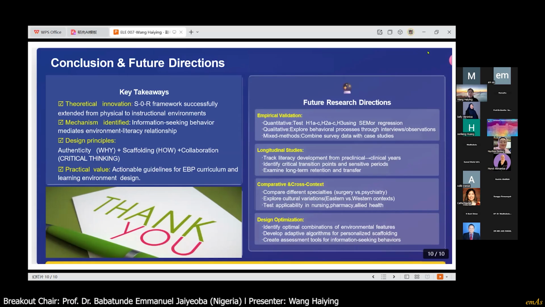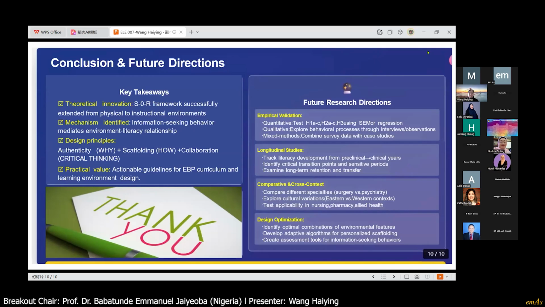Thank you. Okay, so you're trying to develop a model or a framework to make learning and teaching of medical students easier. Now my suggestion for you is, is this still a literature review, or have you developed the model or the framework?